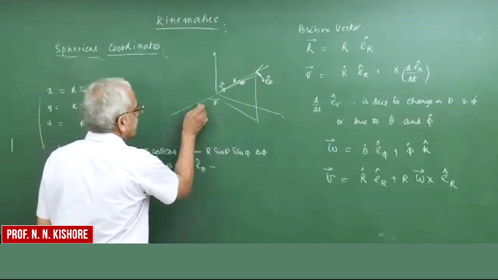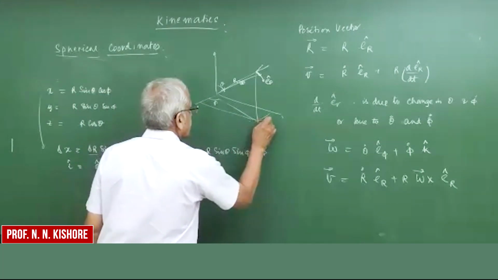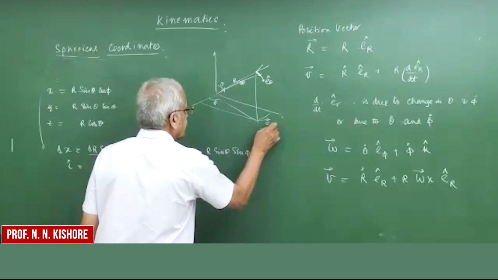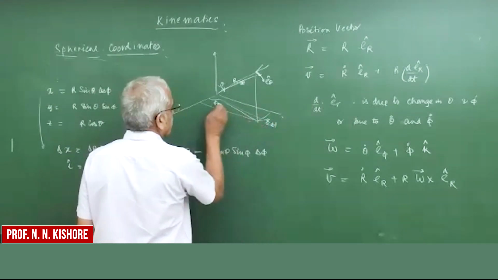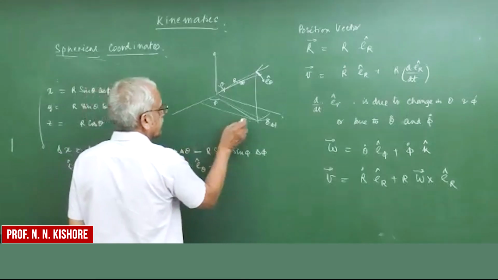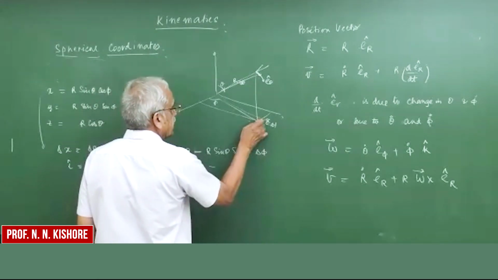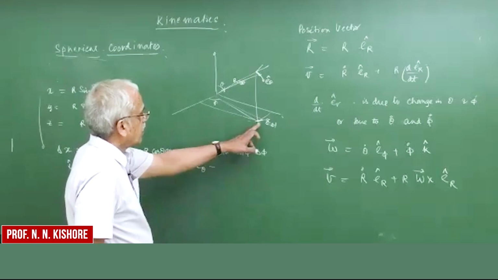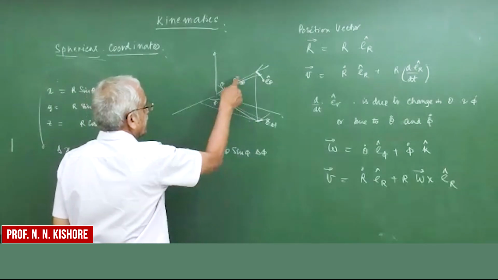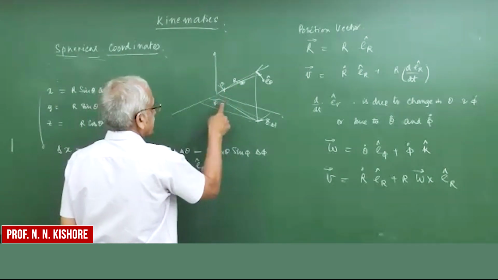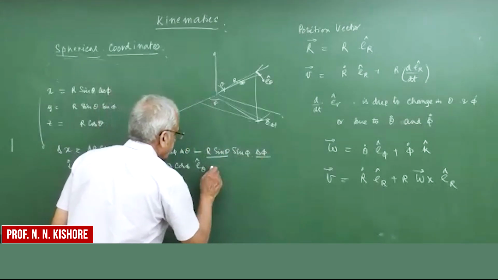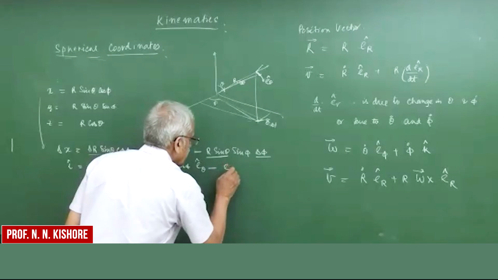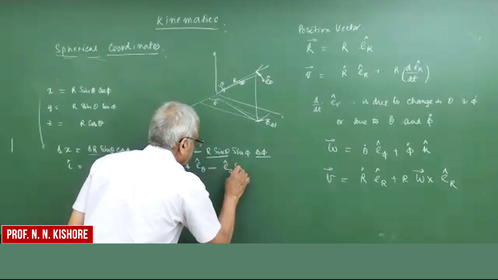And similarly, this is e phi, when phi changes by delta phi. The magnitude is r sin theta delta phi, so this r sin theta delta phi is represented by e phi.